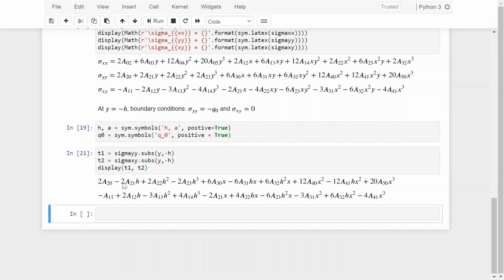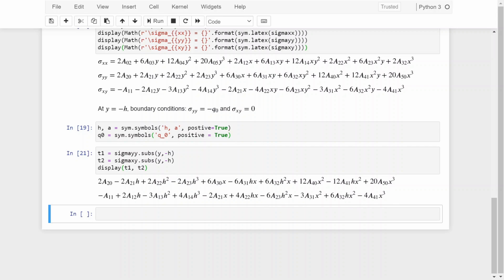You see, in this expression, the first one, which is sigma yy, where the y has been substituted by minus h, I have expressions which are devoid of any x and y, but I do also have expressions which involve x, x square, and x cube. Similarly, for this T2, which is basically sigma xy where y has been substituted by minus h, I have expressions which are like constants. I also have expressions which involve x, x square, and x cube.